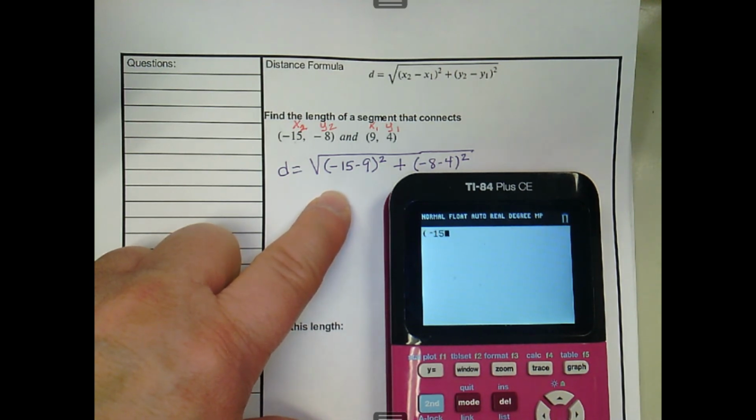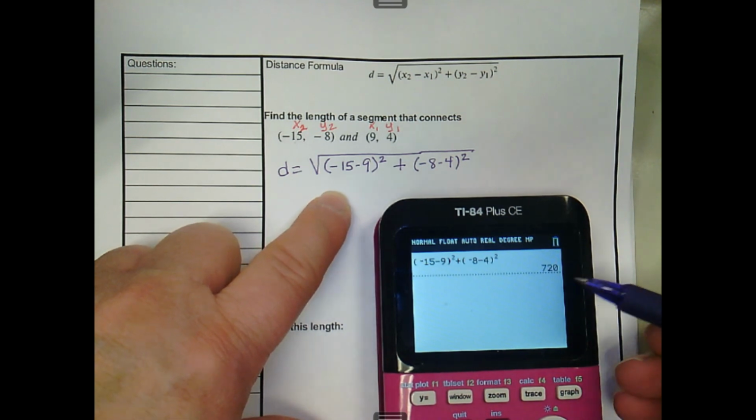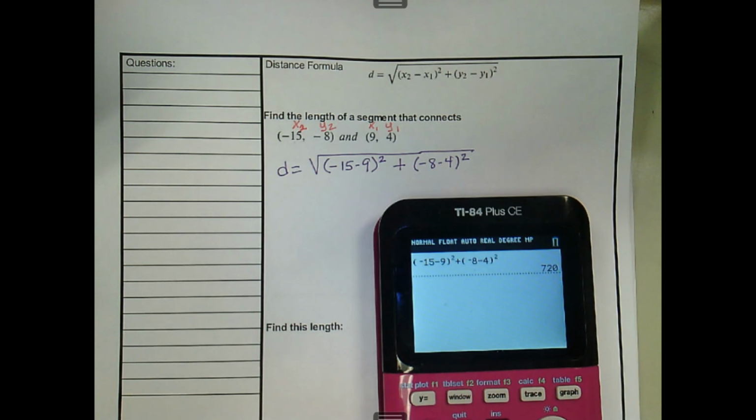Negative 15 minus 9, close it and square it, plus parentheses negative 8 minus 4, close it and square it, and you've got 720. The square root of 720 is not a whole number, so I know I've got to simplify that radical.